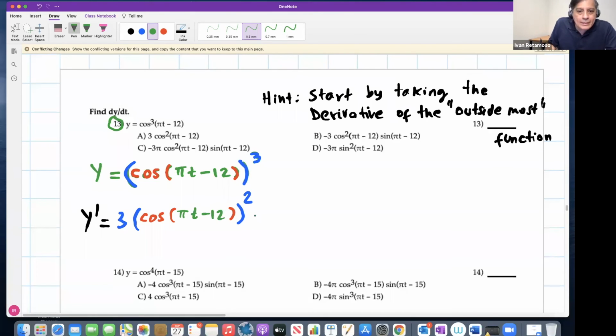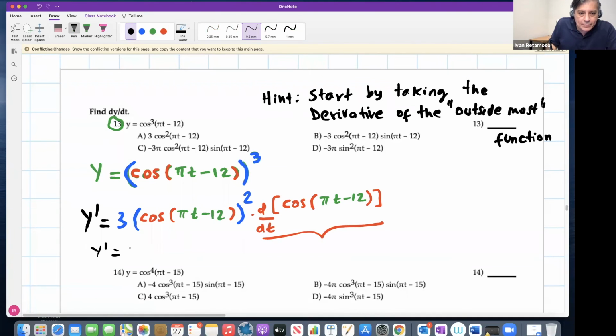But it's not over, because you have to multiply this by the derivative with respect to t of cosine of pi times t minus 12, which is itself a composite function. So we have to apply the chain rule again for this part.